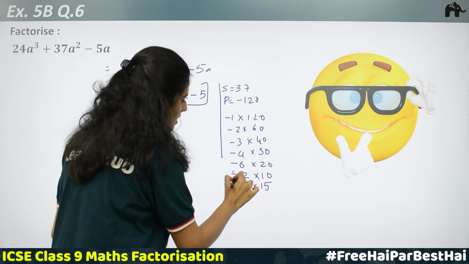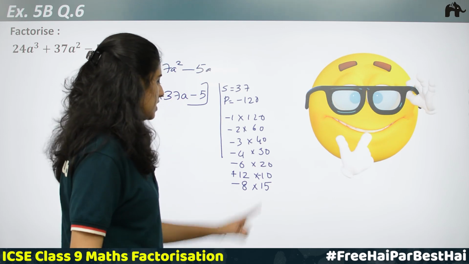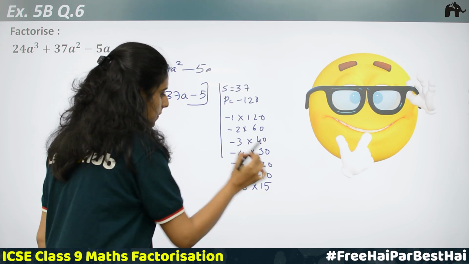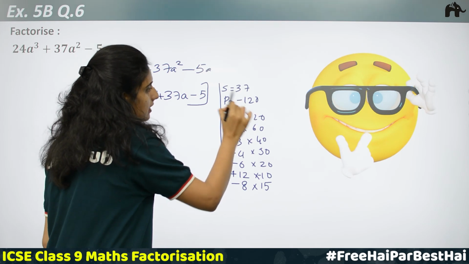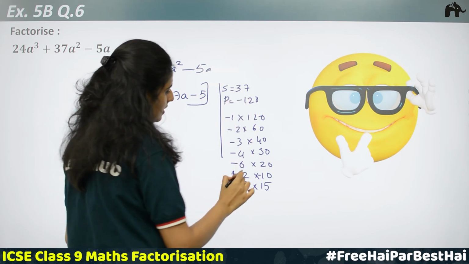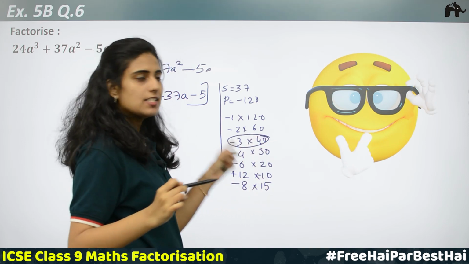So in this case, the smaller number is 10. So 10 should be negative. Now, to get 37, you can see 40 and minus 3. 40 minus 3 is 37.